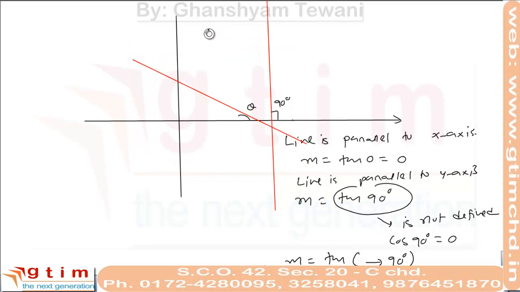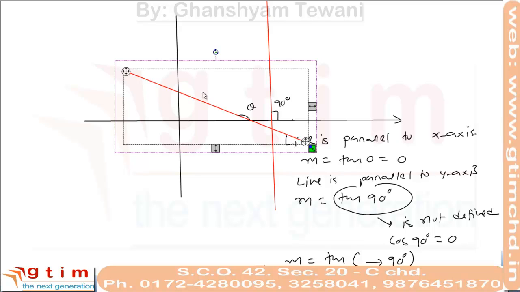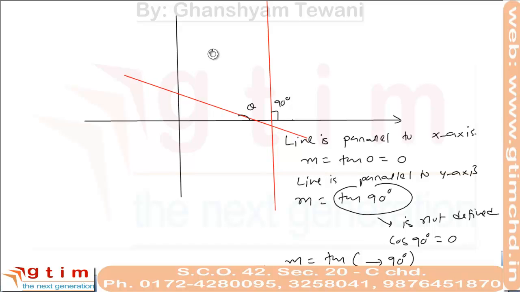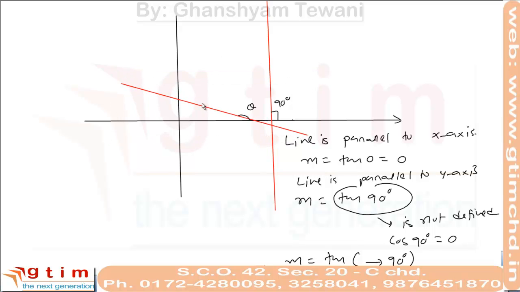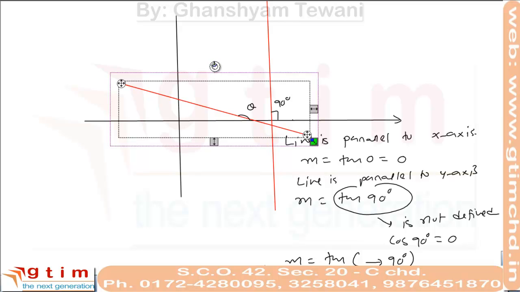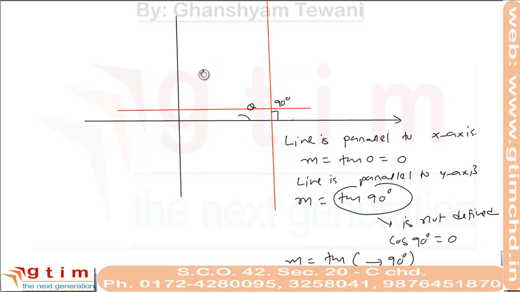If the line is making a more obtuse angle with the x-axis, meaning angle theta approaches 180 degrees, then tan theta is negative, but it is approaching what? 0. And when again the line is parallel to the x-axis, slope will approach what? 0. Or when the line is horizontal, slope is 0.